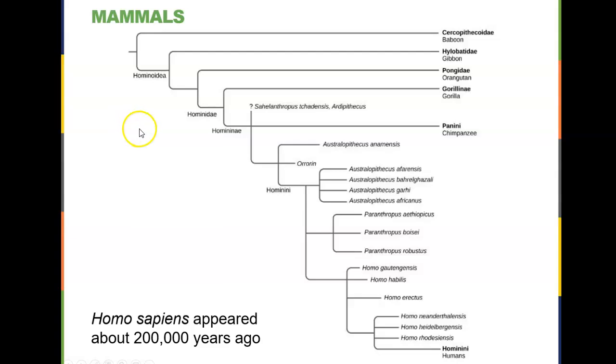And a final look at the evolution of the Hominidae into the hominini, and then finally into the humans. We see that Homo sapiens have really only been on the scene for about 200,000 years, which is a very short amount of time in the scale of the evolution on the Earth.